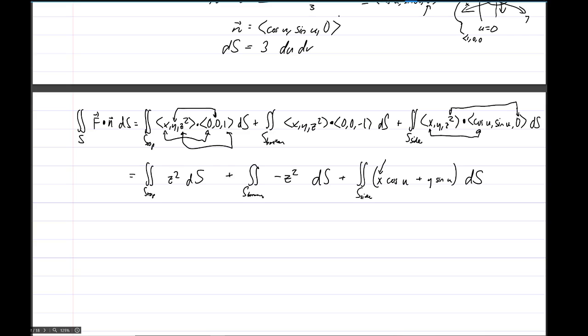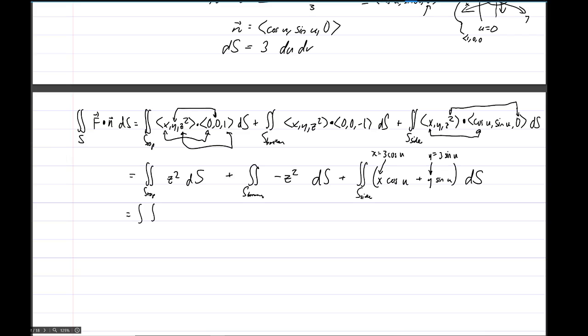So because of the scrolling I'm going to need to do, let me just copy down here that this is going to eventually turn into 3 cosine u, and that the y we see right here is going to, in a moment, turn into 3 sine u. Okay, so we'll have integral, leave a little space between the integral signs.